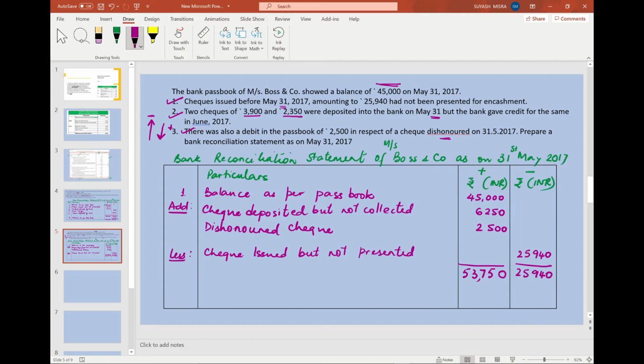Now when I subtract 25,940 from 53,750, I get 27,810. This you will say is balance as per cash book. Okay, students. So this is balance as per cash book.